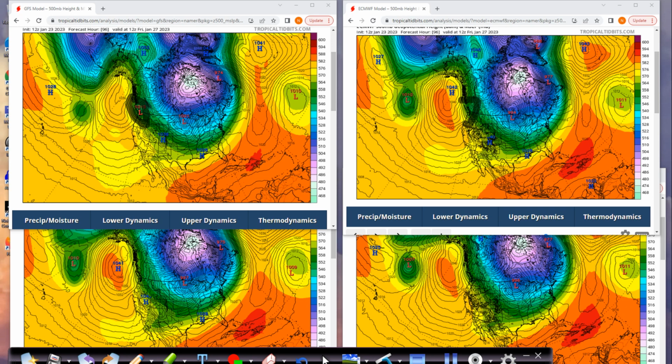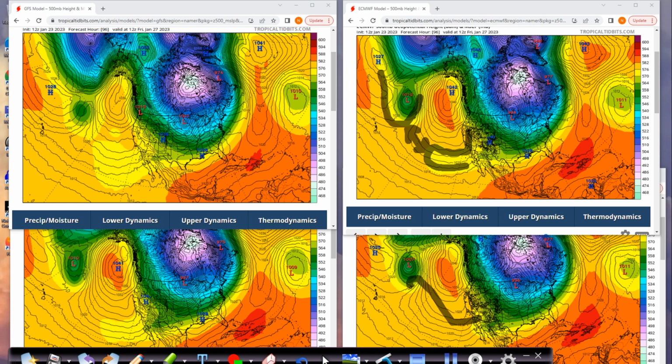So you see a little bit in the European model here, German model, not as pronounced in the Canadian model. You see some of this cooler air that comes underneath that ridge, and basically there's some weak crossing connection down to the south of that ridge.